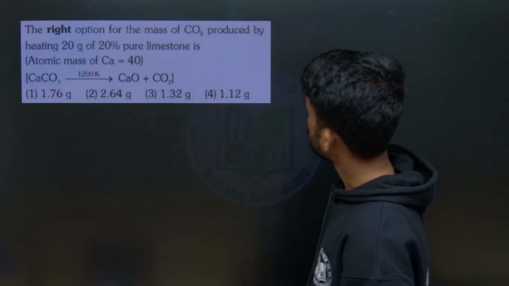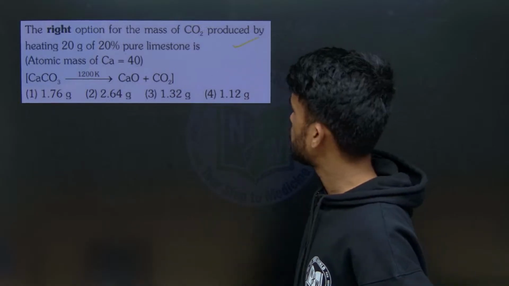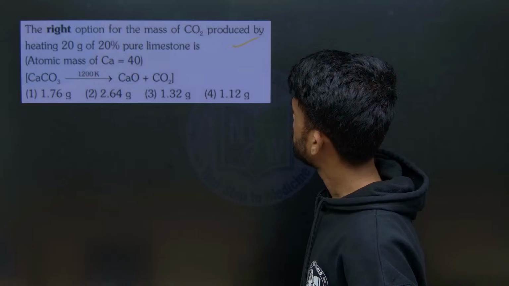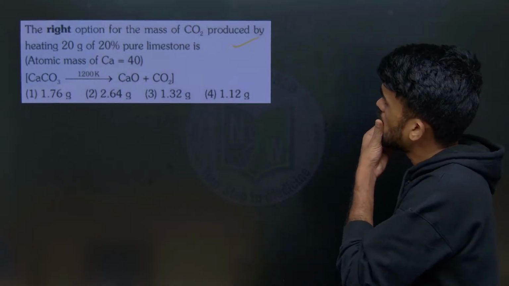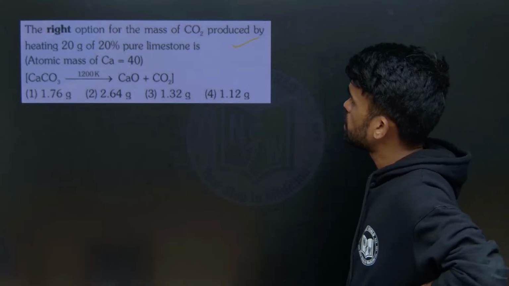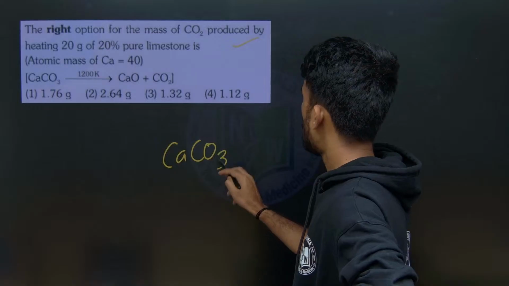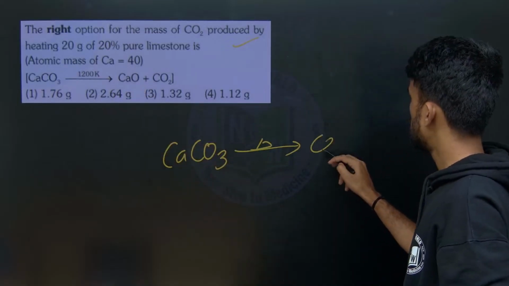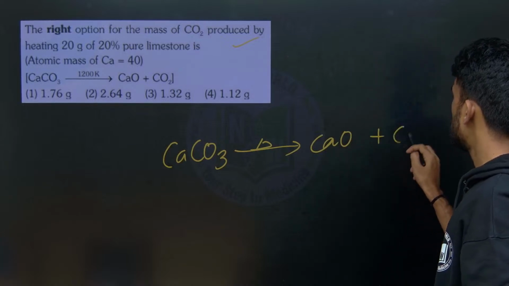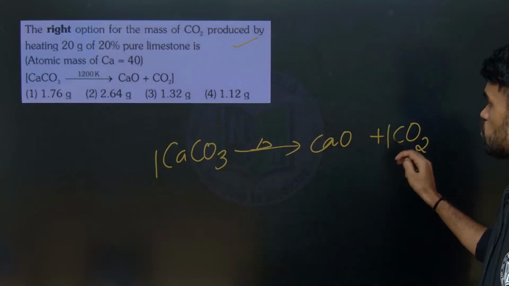Next. Again, a similar kind of question was seen in the last paper, the 2022 paper also. The right option for the mass of CO2 produced upon heating 20 grams of 20% pure limestone. Let us say CaCO3, they have given the reaction also: upon heating at 1200 Kelvin, it will produce CaO and CO2 gas. For every 1 mole we are getting 1 mole of CO2.